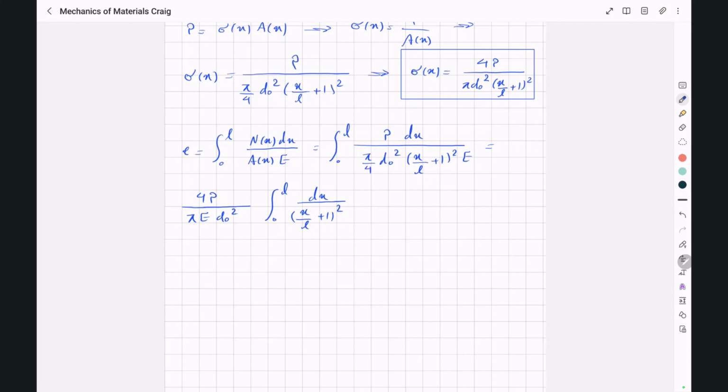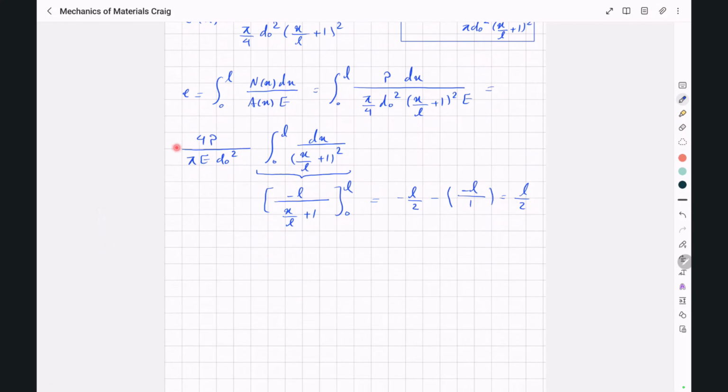And if we calculate this integral, we will have an equation like negative L divided by (x over L plus 1) from 0 to L. And this will be equal to negative L divided by 2 minus negative L divided by 1, or L divided by 2.